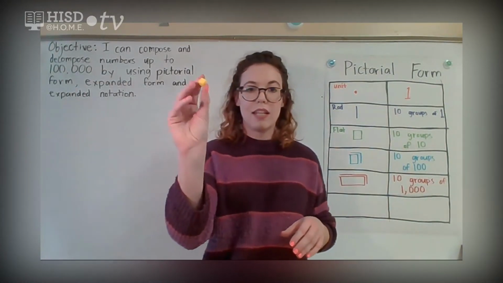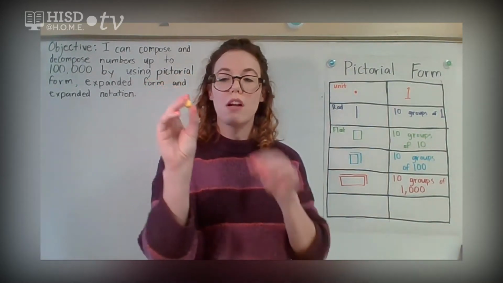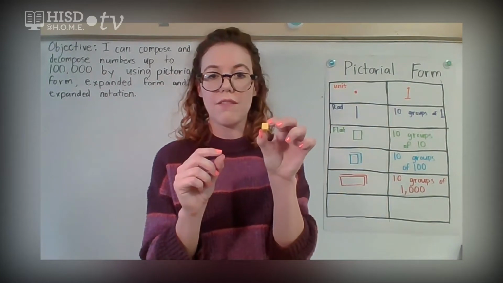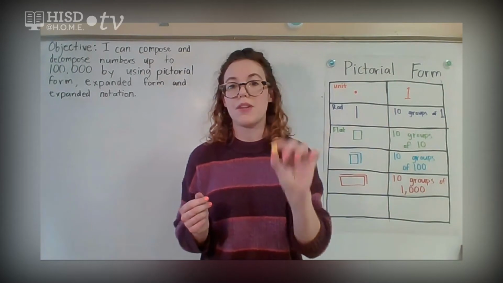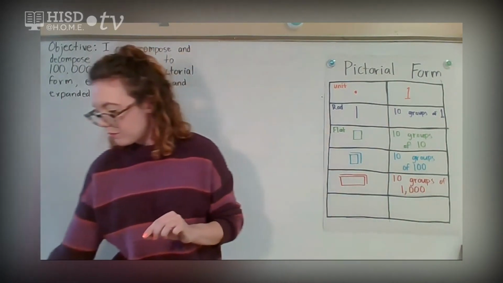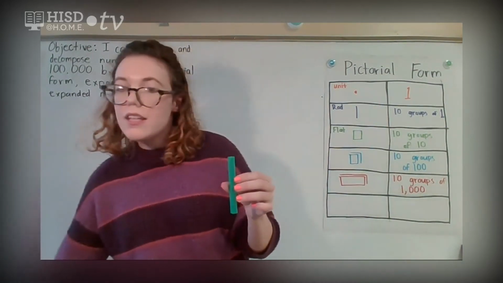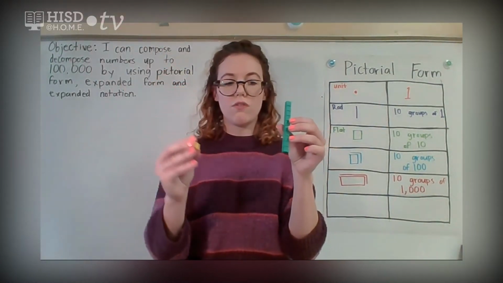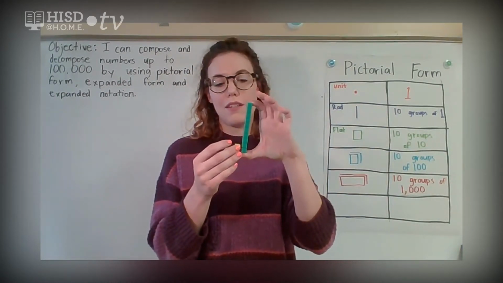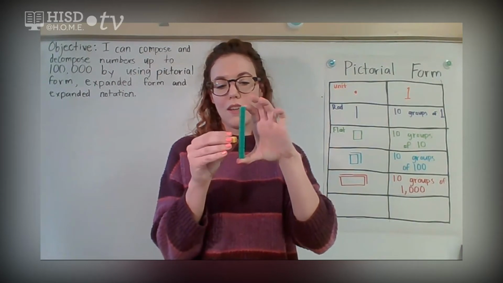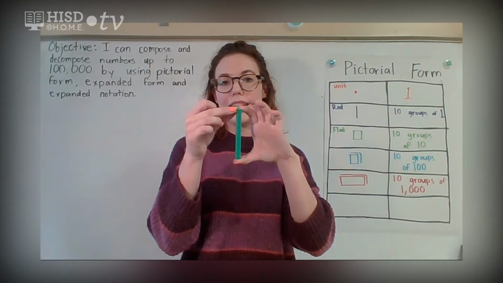This is our unit cube. If we say this has a value of 1, which it could have a value of whatever we want it to, we say it has a value of 1 to help us build up our next ones. This is our rod, and if this unit has a value of 1, let's see how much the value of our rod is. 1, 2, 3, 4, 5, 6, 7, 8, 9, 10.